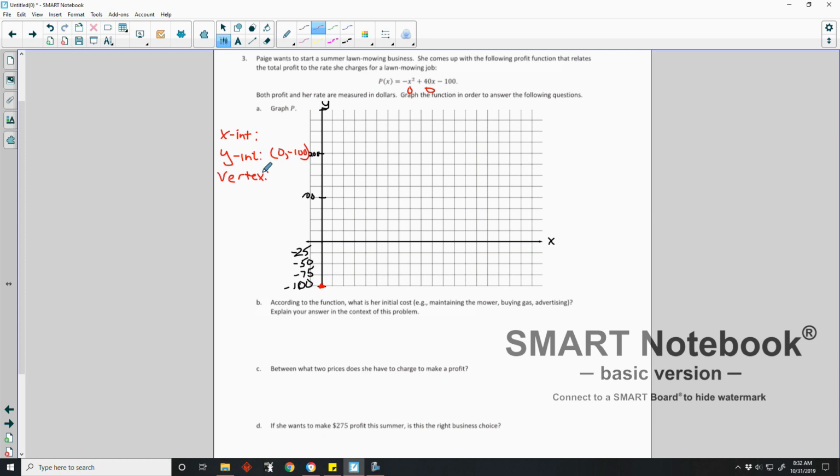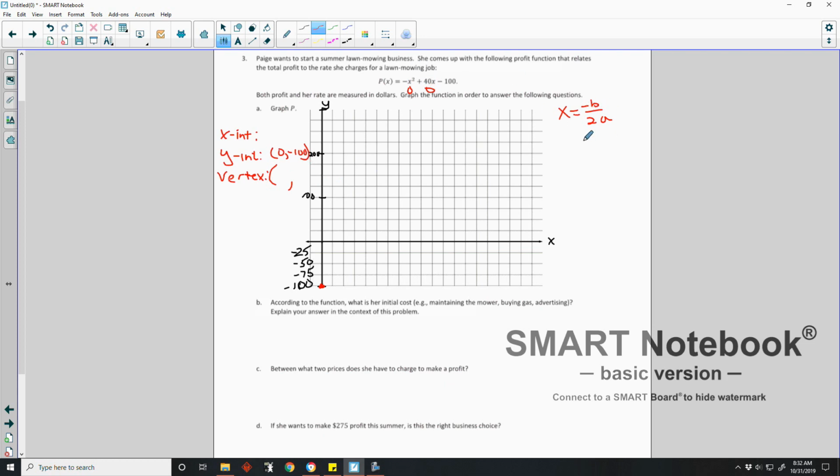Okay, so now we need to find the vertex. The vertex is x equals negative b over 2a. So therefore my vertex is negative b over 2a, comma, the function value at that point, or at that x value.